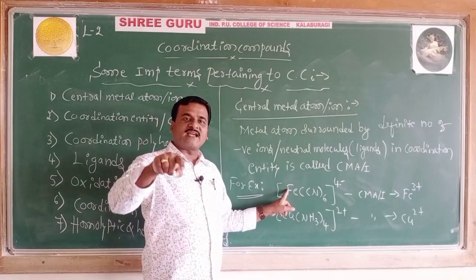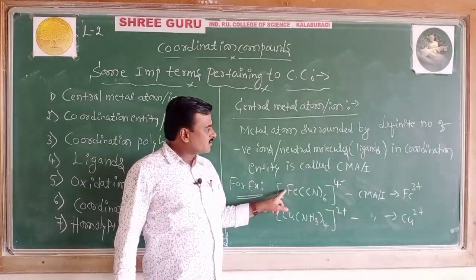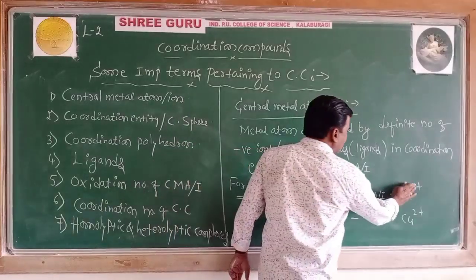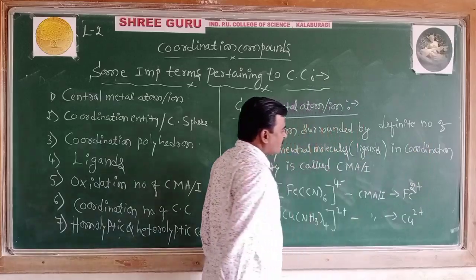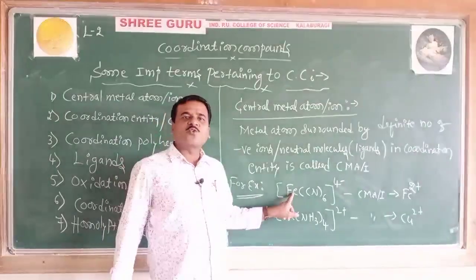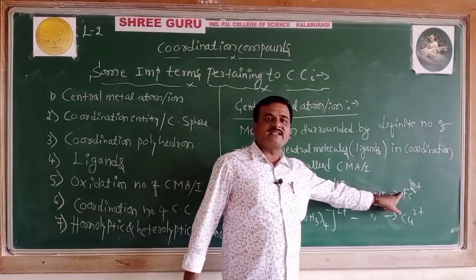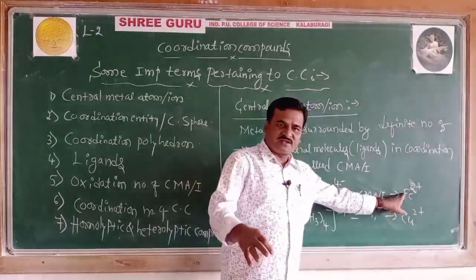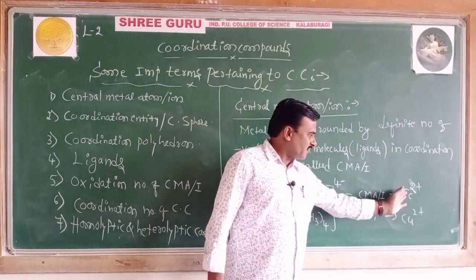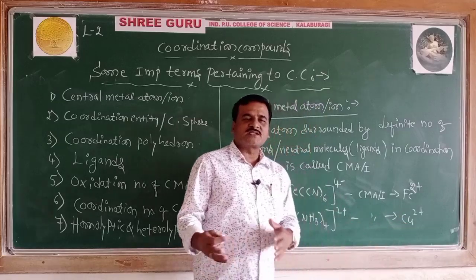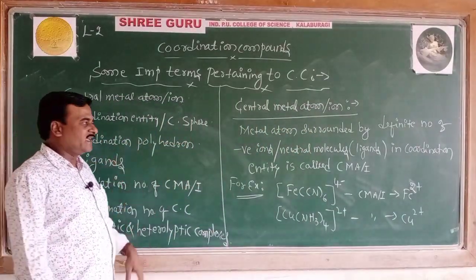And in the ferrocyanide ion coordination entity [Fe(CN)6]4-, the central metal ion is not Fe3+, it is Fe2+. In the further discussion you will come to know how you get Fe2+ and Cu2+, which will be clear with further ideas.